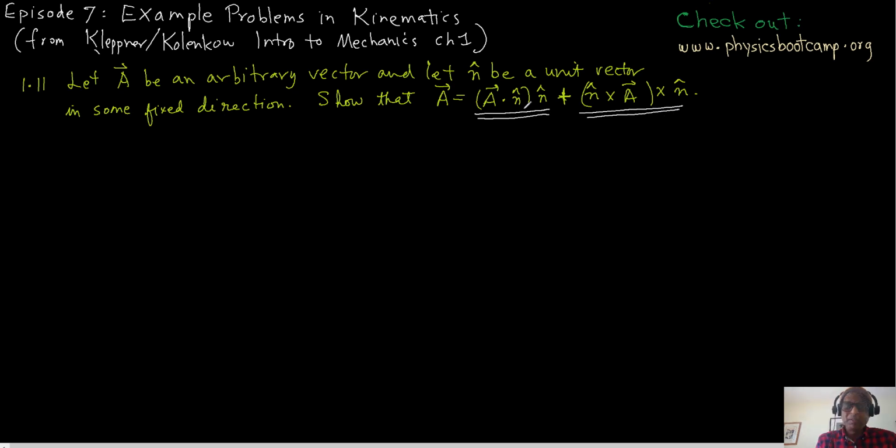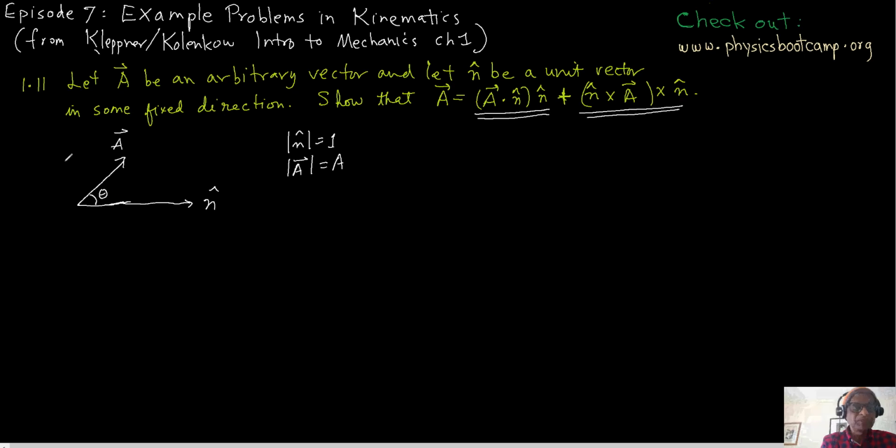If you think about it, vector A and n hat will make some plane. Here's the vector A, and this is n hat. The n hat magnitude is 1, and the A vector magnitude is some A. Let the angle between them be theta.